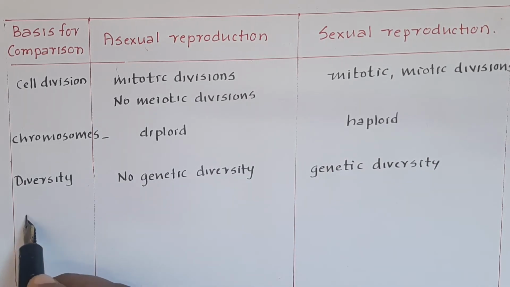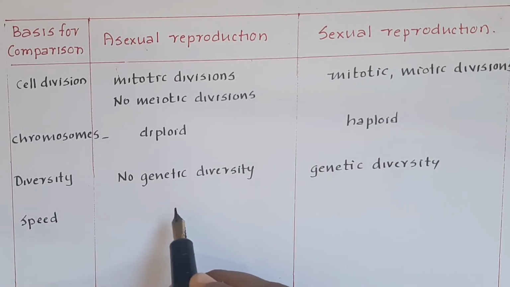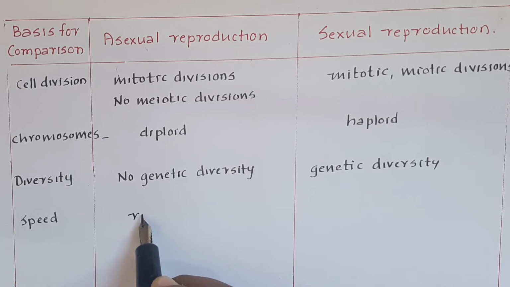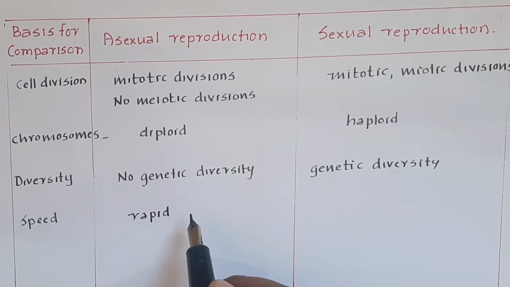Then speed of both of these phenomena. The process of asexual reproduction is rapid. It is a rapid process which is useful for organisms whose strategy to survive is to reproduce rapidly.